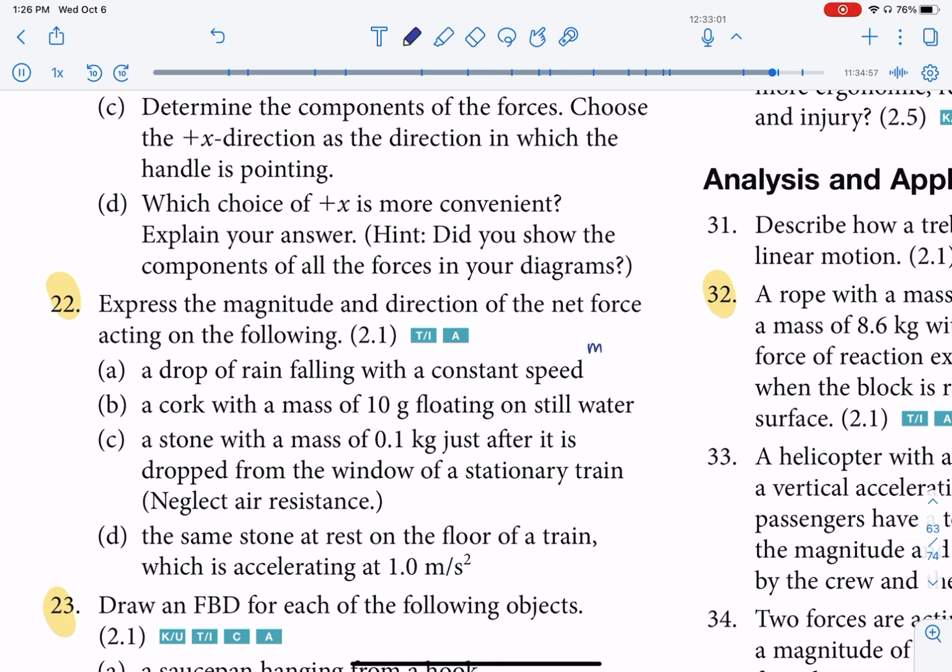So on the flag question, or sign, I guess.